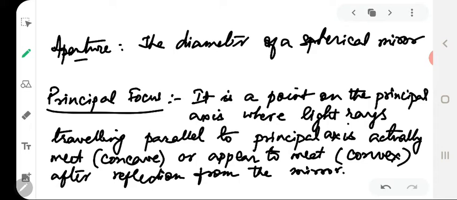So principal focus of a spherical mirror is a point on its principal axis where light rays traveling parallel to the principal axis actually meet, that is in case of a concave mirror, or appear to meet in case of a convex mirror after reflection from the mirror.